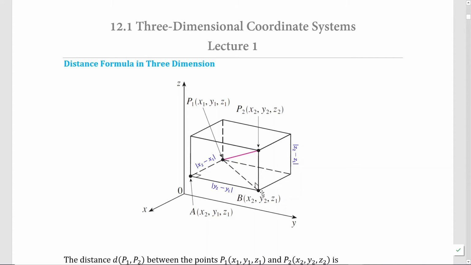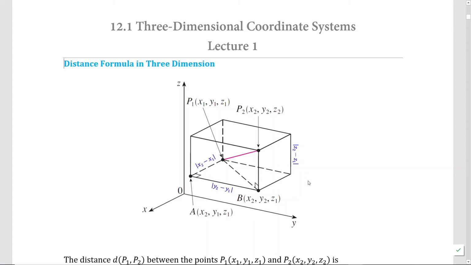And then another triangle is formed by the points P1, B, and P2. Notice this triangle is also a right triangle. Since we know the length of P1B and we also know the length of BP2, we can again apply the Pythagorean theorem to calculate this distance.